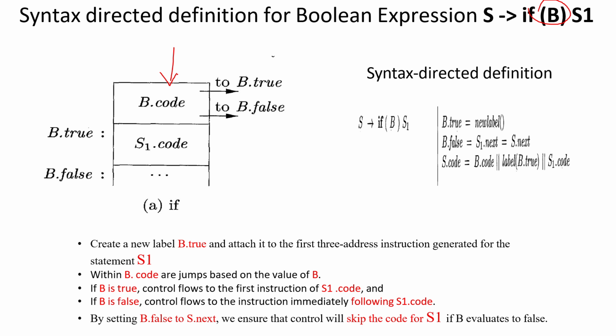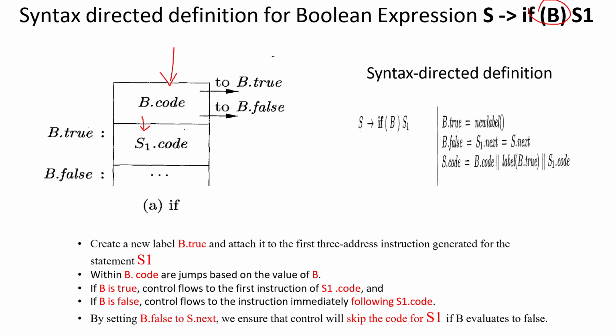B dot code may point to B dot true if the condition is true. B dot code may point to B dot false if the condition is false. If the condition is true, S1 dot code will be executed. False means whatever statement is after S1 will be executed.